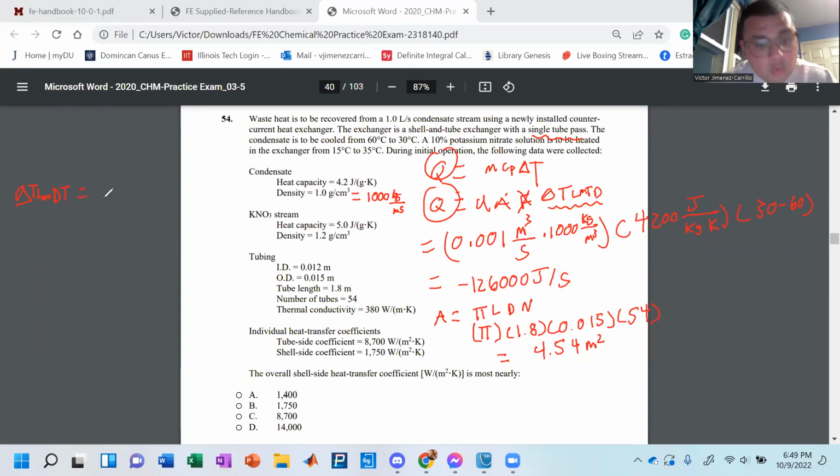And that is described for a counter-current as the temperature of the hot side that is coming out minus the temperature of the cold side that's coming in, minus the temperature of the hot side coming in minus the temperature of the cold side coming out, divided by the natural log of the first part of the term that we wrote out divided by the second part of that term that we wrote out.